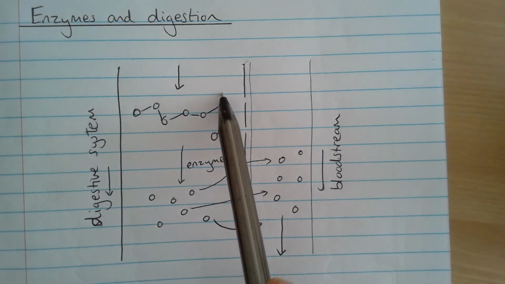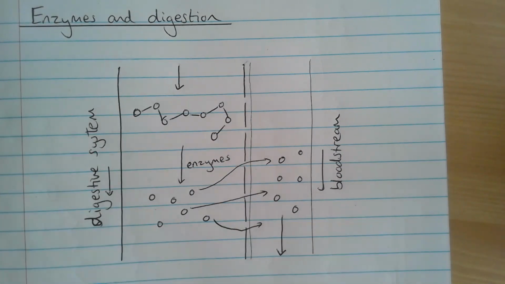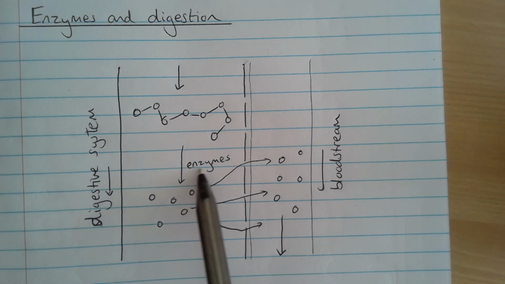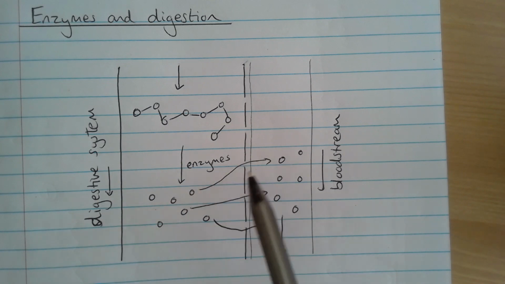The food that we eat contains long food molecules called polymers, and these are broken up by enzymes into smaller food molecules which can pass through the gaps in the digestive system into the bloodstream.